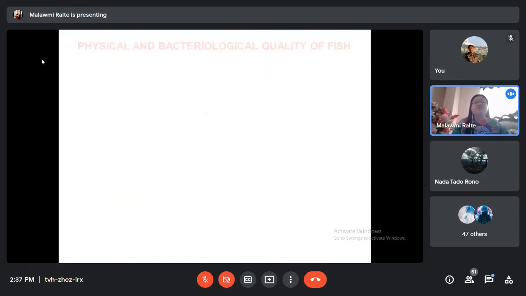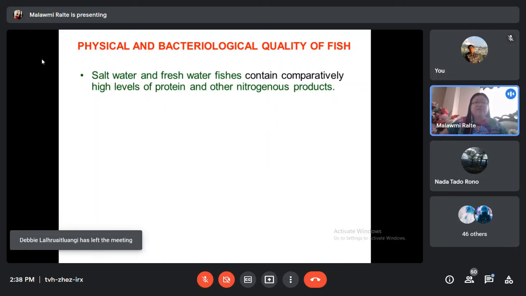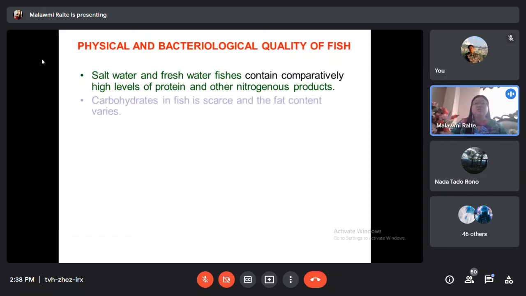This is inspection of the fish. So this is inspection of fish for the physical and the bacteriological quality. Salt water and freshwater fishes contain comparatively high levels of protein and other nitrogenous products. Carbohydrate in fish is scarce and the fat content varies.